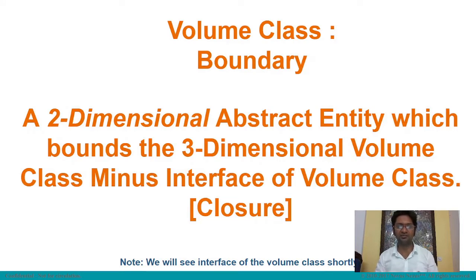So boundary is one of the child entities of the volume class, and it represents the two-dimensional abstract entity which bounds the three-dimensional volume, but it does not include the interface of your volume class. So let's now understand how the attribute gets transferred from the child entities to the actual geometrical entity.